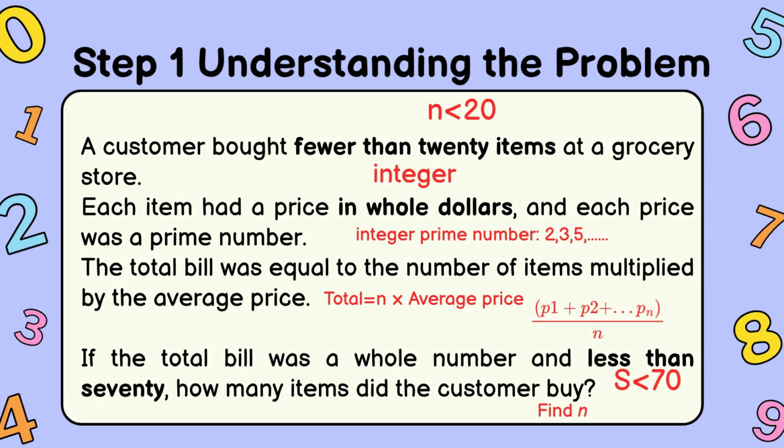So the total bill is less than 70, and we need to find n because the question asks how many items. So we need to find n.